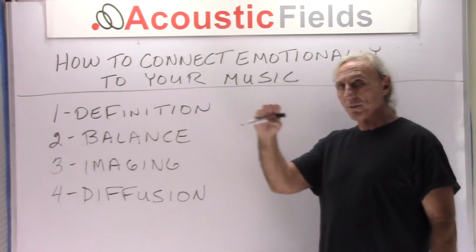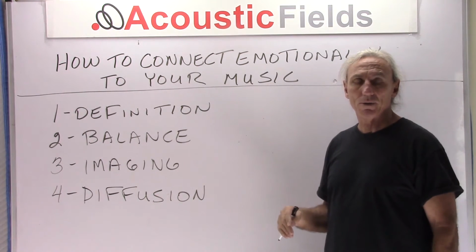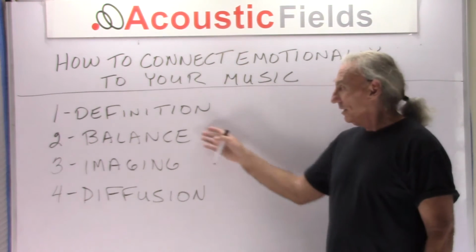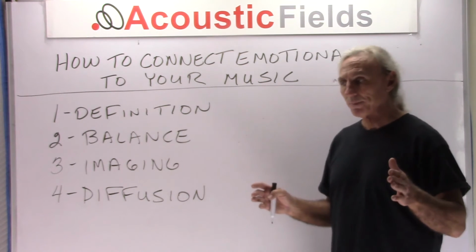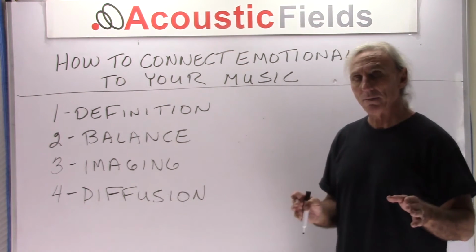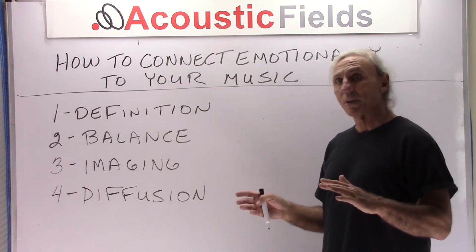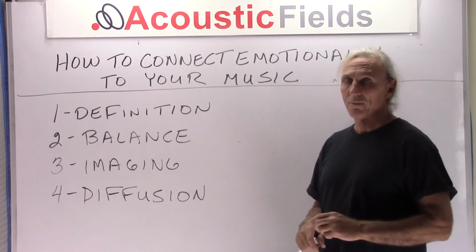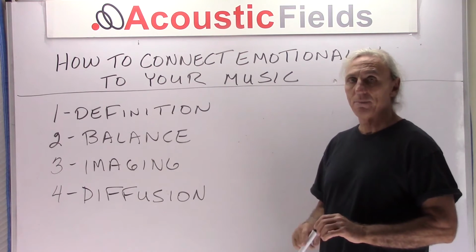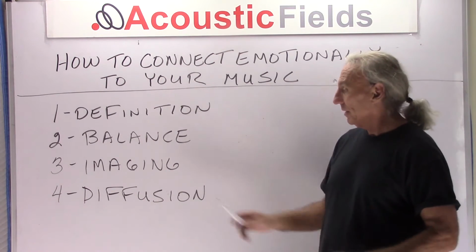You want a nice smooth balance, plus or minus 1 or 2 dB variance. You've got to have balance. Every note has to be represented. Every note has to live and die on its own volition before the next note comes. If your room is not that resolved to allowing that to happen, there's ways that you can fix it.